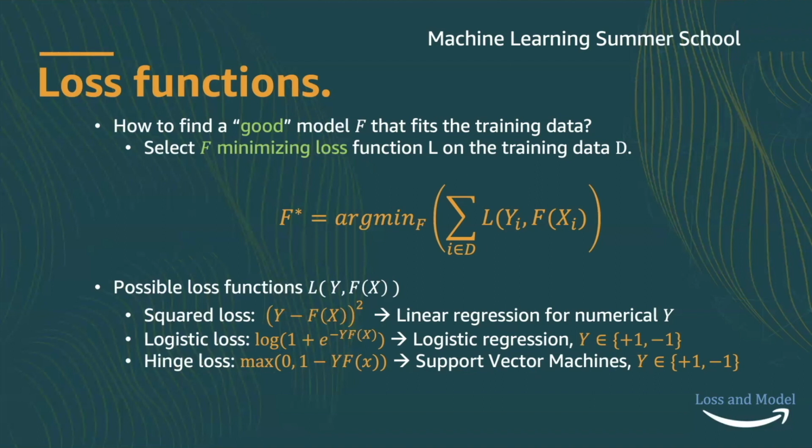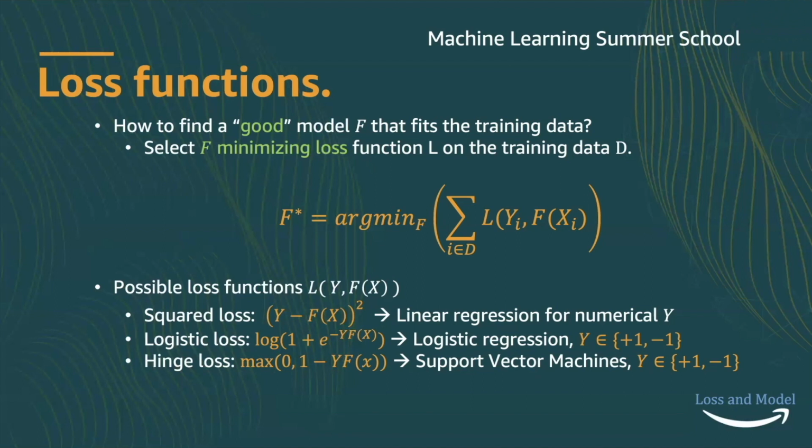So we use what is called a loss function, which will tell us how good or bad a particular F is. A very simple loss function for regression could be just the difference between the true value and the prediction, squared, and that is what is called the squared loss. However, if you have a classification problem, the squared loss wouldn't work as well.